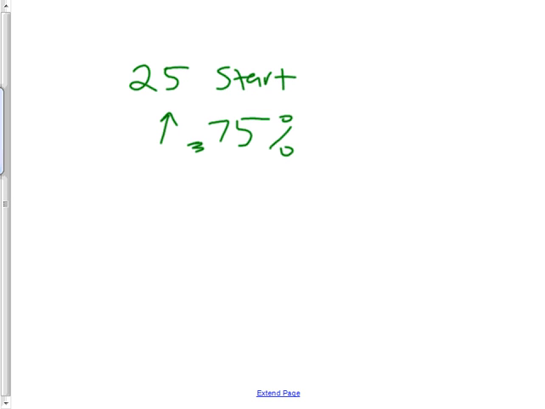Just have to set up the equation. How many were in your basement in the first place? 25 newts in the basement. And they're going up by 75%. And we want to know when it would end up with 500 newts.